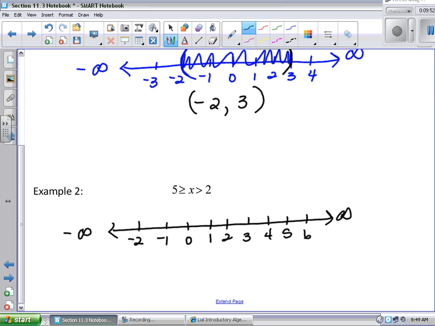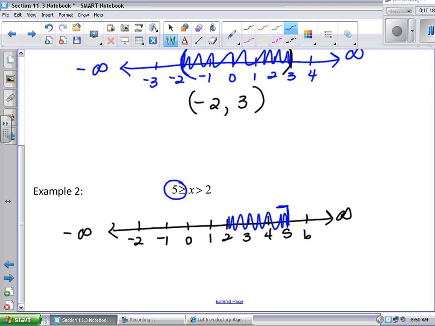I have 5 and I have 2. So my x is in between those two numbers. I need to shade in between 5 and 2 on my number line. When I look at where my brackets and parentheses go, 5 is greater than or equal to, it can be equal to, so we're going to use a bracket at 5.